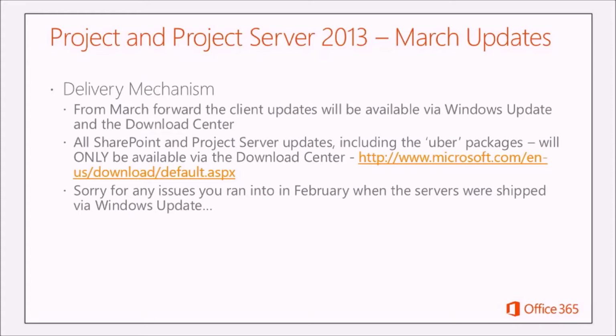Now, many of you don't have your server set up to automatically get all the updates, so it wouldn't have affected you, but had you done that, these updates would have been applied to your server, and then you would have been going through an update process without you really knowing about it or necessarily wanting it at that time. So what we're doing now, starting with the March updates, is that it'll be available on the download center, but it's not going to be an automatic thing for you.